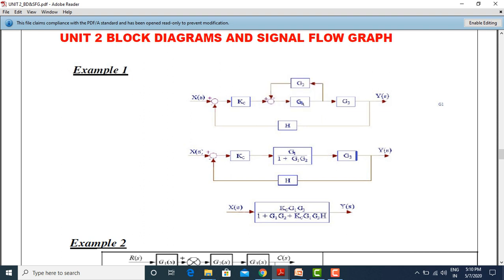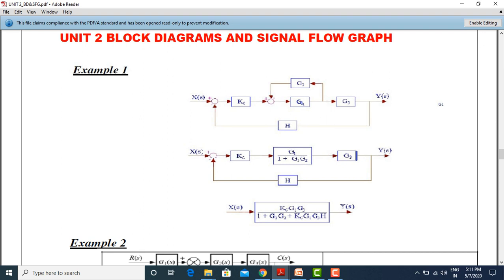Some of you may think G1 and G3 are in series, but the rule is like this: between any series or parallel blocks, there should not be any summing point or takeoff point. Then only can we consider them in series or parallel. Here in this case, between G1 and G3 is the takeoff point, so we can't consider this in series. So no series blocks, no parallel blocks.